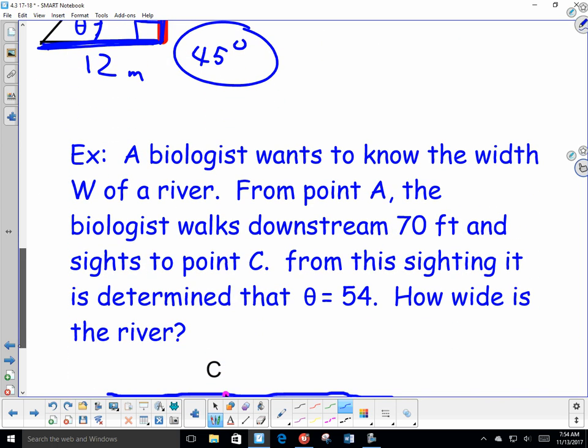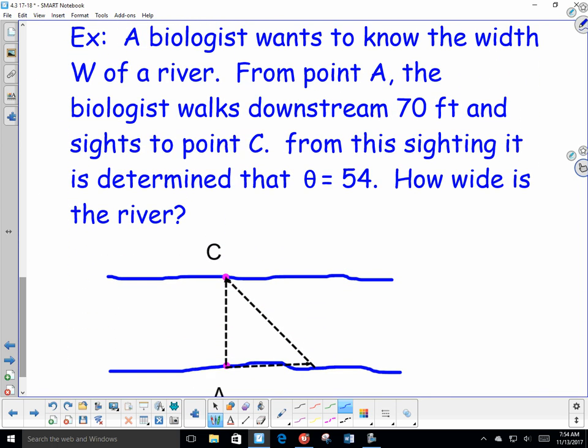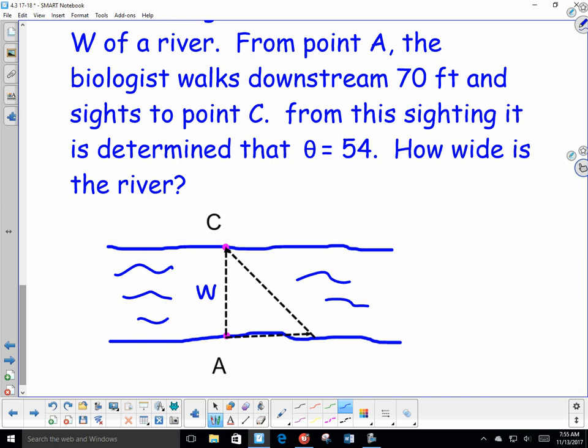All right, let's take a look at this example. A biologist wants to know the width W of a river. Let's say here's the river going by, and here's the width of the river, I'm calling it W. From point A, the biologist walks downstream 70 feet.